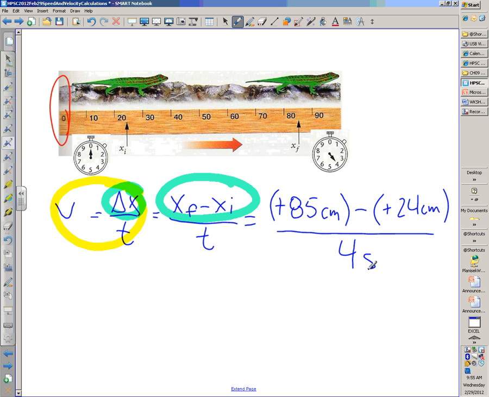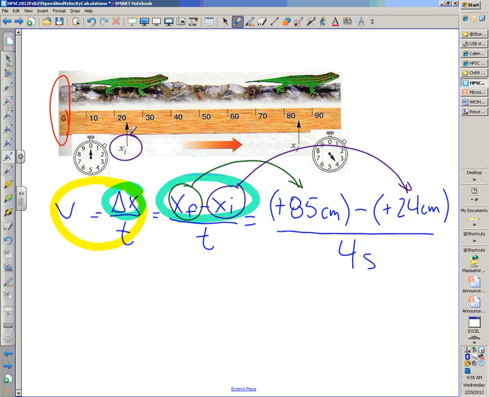The final position is where it ends up, and the initial position is where it started.